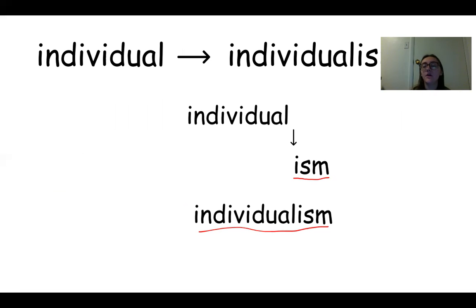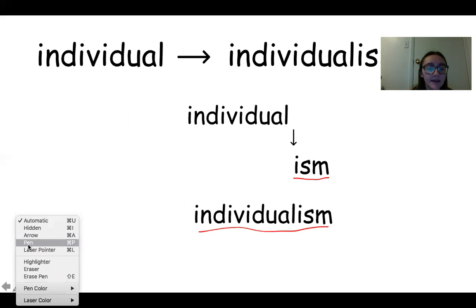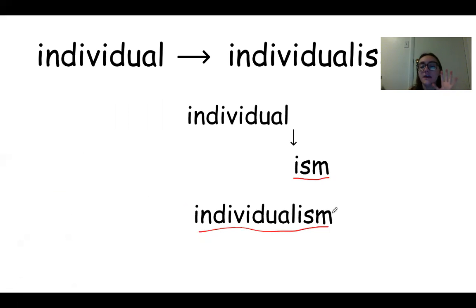And it's nice because when you come across a word you don't know, you can simplify it, right? So if you didn't know what individualism meant, you could go back and look at the word and say, okay, I don't know what individualism is, but I do know that ism is a suffix. So I'm going to get rid of that and just look at what word it is to try and understand. Okay, individual. I know what individual means. So it has something to do with a single or separate or a person being one.